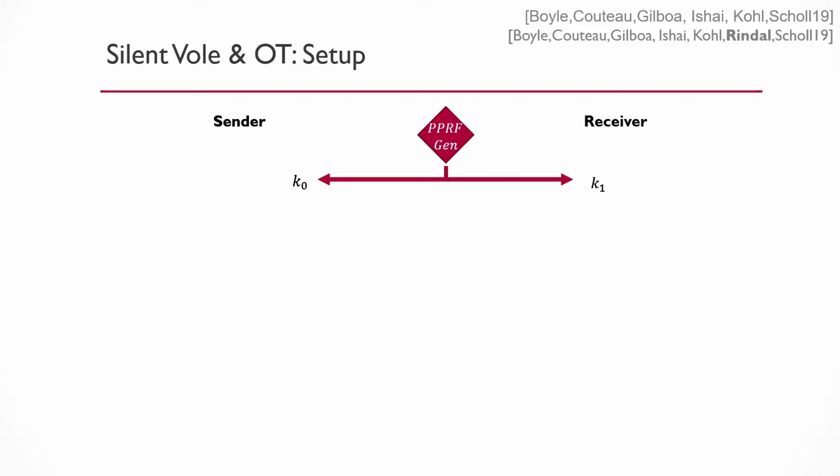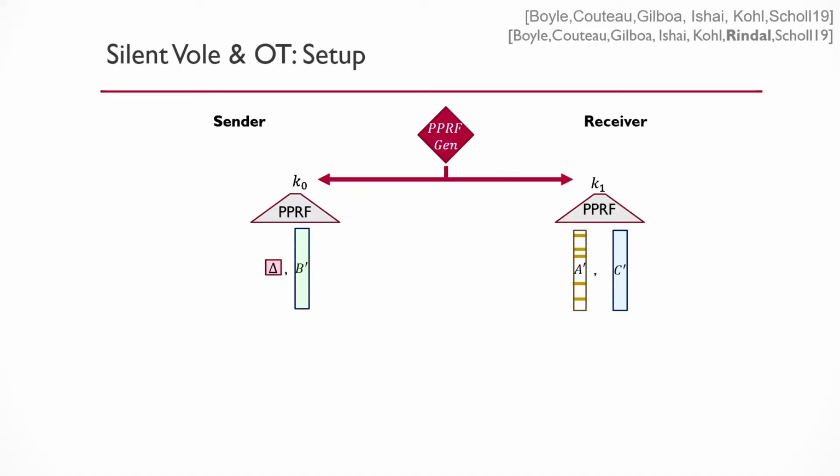Okay, so how could we realize this? There's a cool protocol called a punctured PRF protocol, based upon the GGM tree idea. We're not yet going to zoom into that box, but the output of it is almost what we want. It's the same correlation, except it's low quality, in that this A vector is extremely sparse, almost 99% zeros.